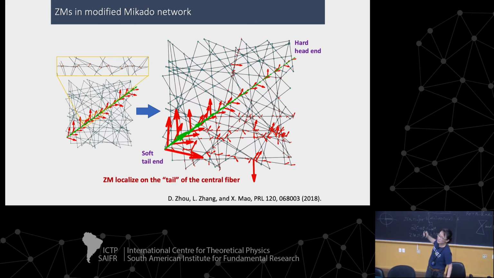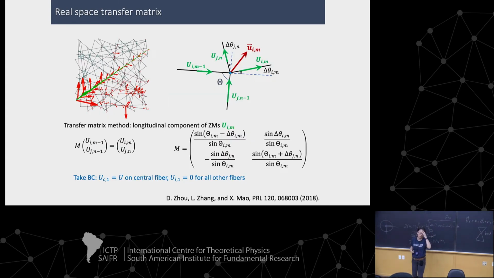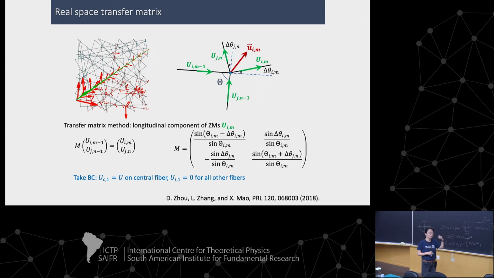This is actually an exact solution. That is the method we introduced to characterize topological polarization in disordered material. So it is a transfer matrix method. I don't want to go into too much detail, just to give you a flavor. Basically, we can propagate the solution of zero modes in this lattice node by node.